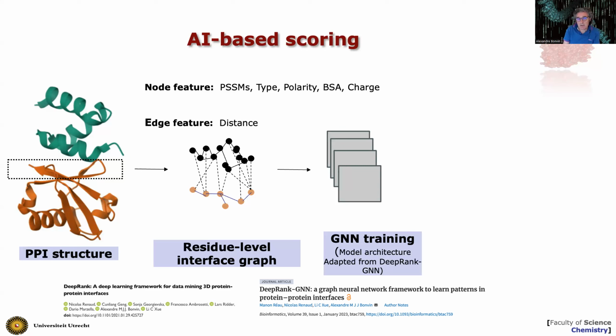Now, the disadvantage is that, first, it's not going to work if you have molecules for which conservation is not playing a role in the interaction. Think of antibodies that are evolving extremely fast by definition, to adapt to new threats. And the second disadvantage is that you need to calculate those profiles from large sequence alignments, and this takes time. So if you want to go very high throughput, this might be a limiting factor.